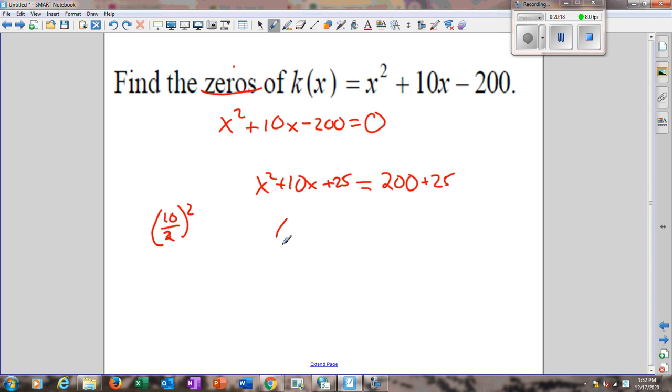On the left, this turns into x plus 5 squared equals 225. Now to get rid of my square, I take the square root of both sides. Gives me x plus 5 equals, and the square root of 225 is 15. So it will be a plus and minus 15.